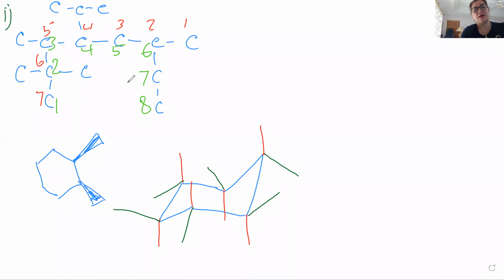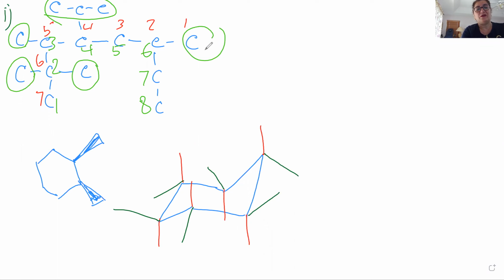Step 2, you have to decide, do you have to go from right to left or left to right? And in this case, you went from left to right because you have more branches on the left side, right? Any carbon or group that did not take a number is considered a branch. So we have 3, 4, and 5 branches.